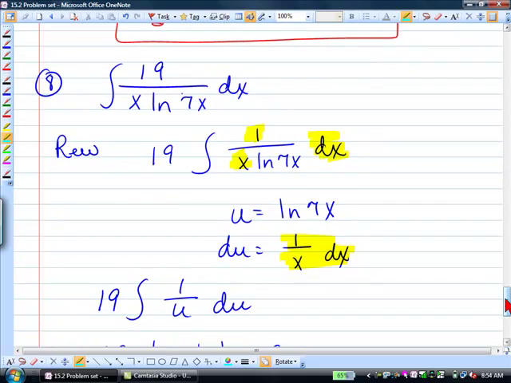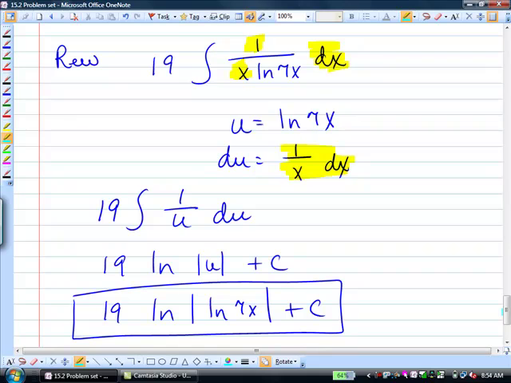When we rewrite it, we have 19 on the outside, because I just moved that out. That left the 1 up there. 19 times the integral of 1 over u du. What is the integral of 1 over u? ln.